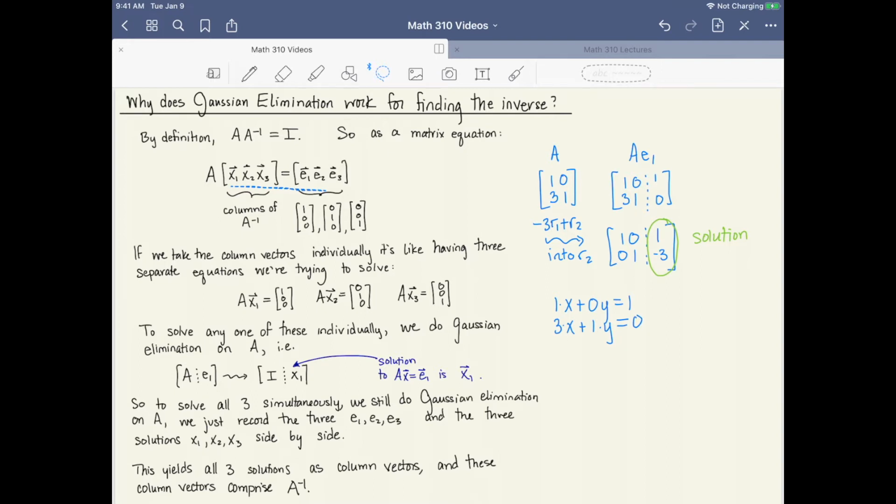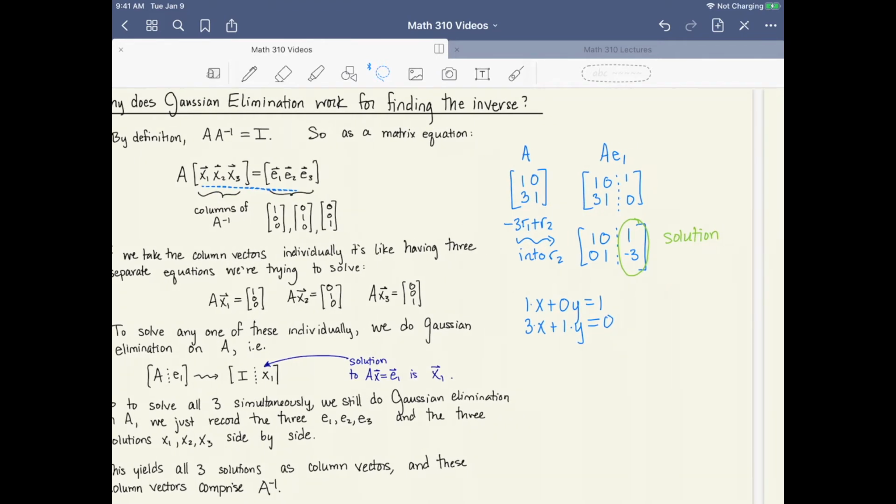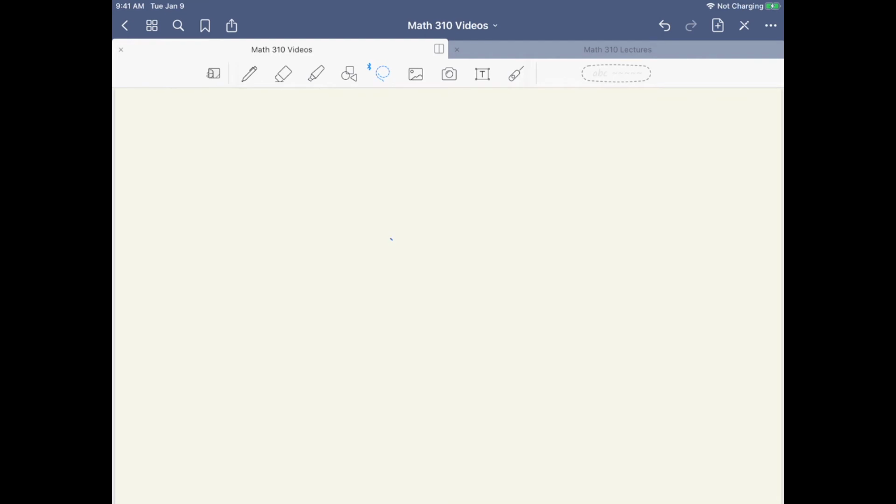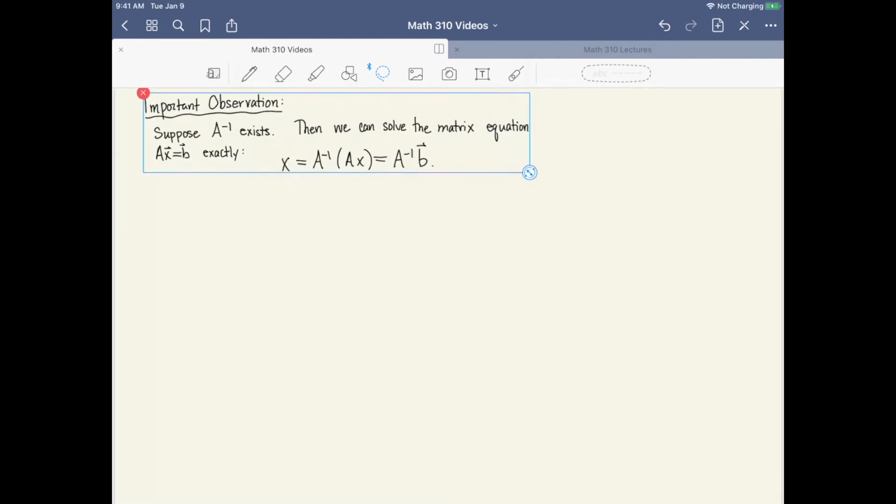So let's move along now and make some observations and do some examples. I'd like to make the following important observation. Let's suppose that A inverse does exist. A is a matrix, it's invertible, and its inverse exists. When that's the case, you can solve the matrix equation A X equals B exactly.